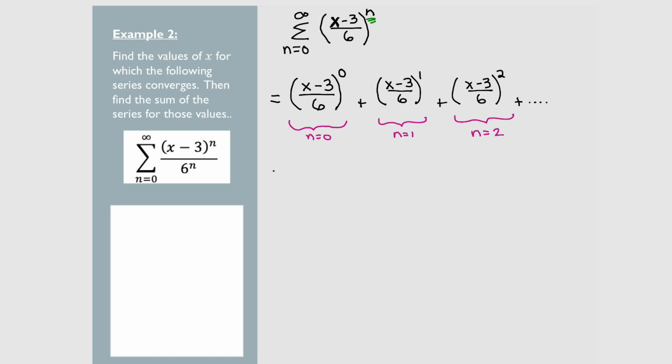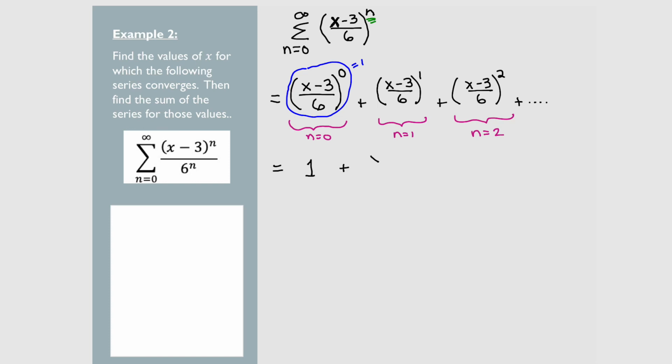If I do a little bit of simplification, we talked about last time how anything to the 0th power is 1, and so this whole expression is equal to 1. So the first term in this series is going to be (x minus 3) over 6. No, excuse me, that's wrong. The first term in this series is simply (x minus 3) over 6 to the 0th, or just the number 1.